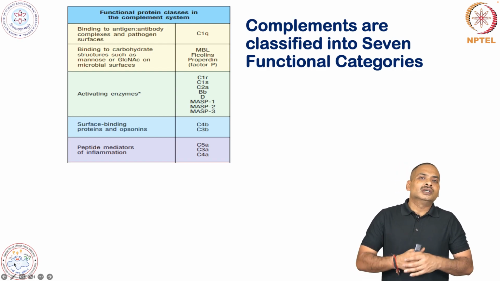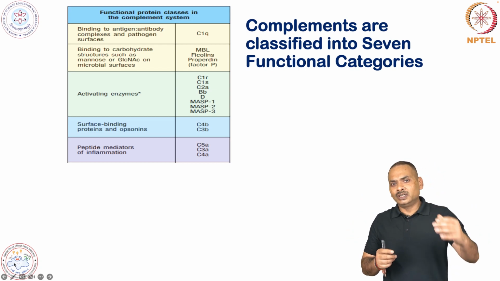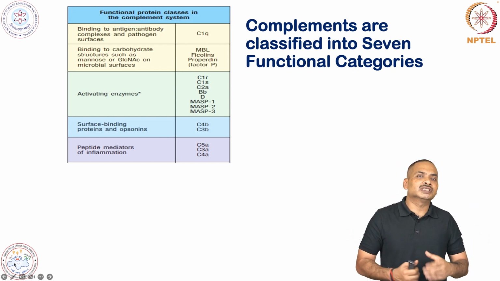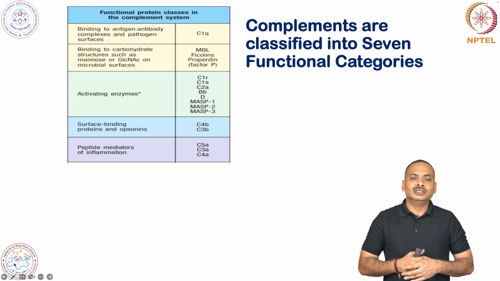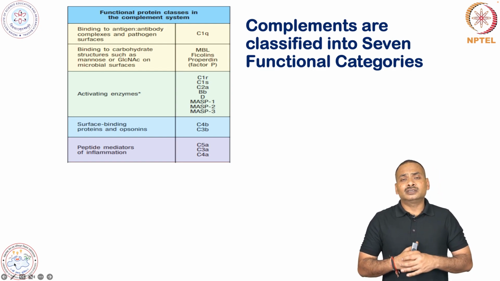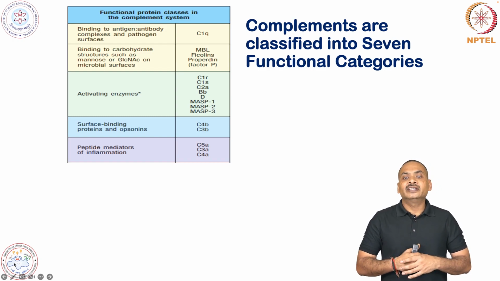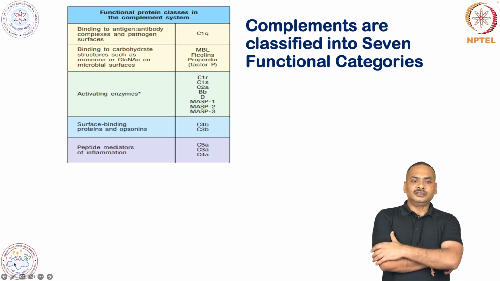I told you the complement breaks into 2 components and one of the components induces inflammation. Those components we call peptides which induce inflammation, that is C5a, C3a and C4a.